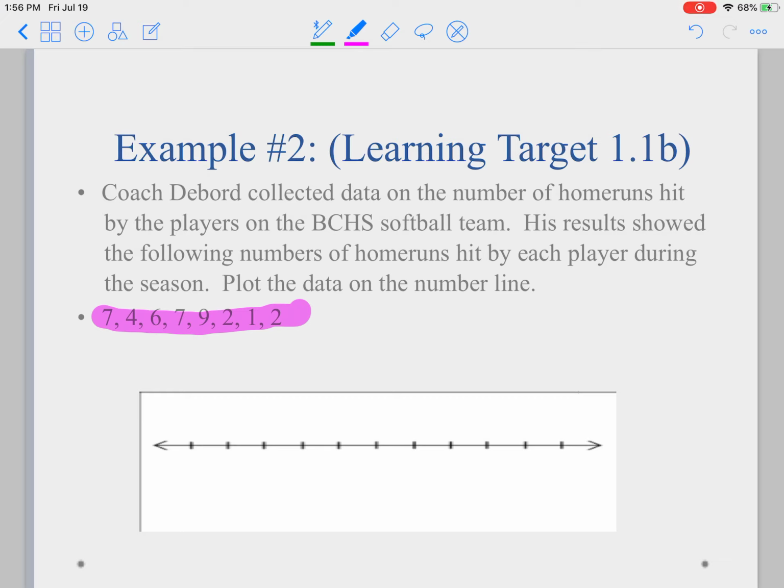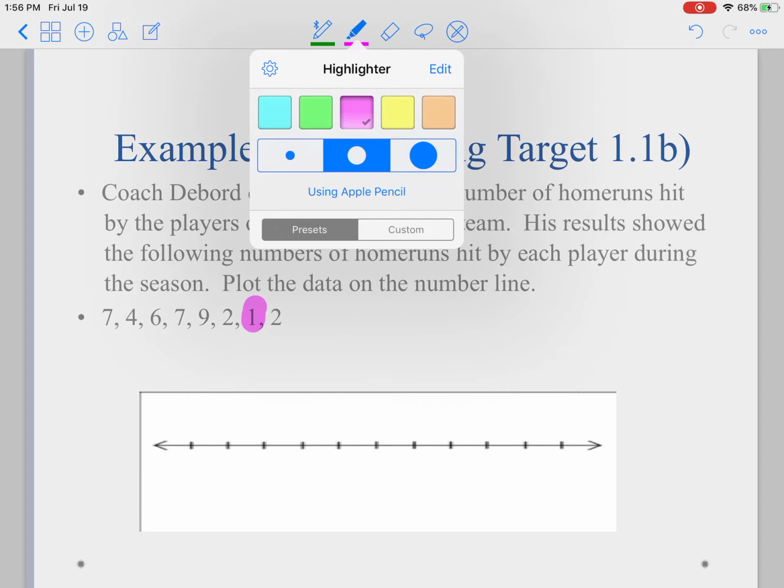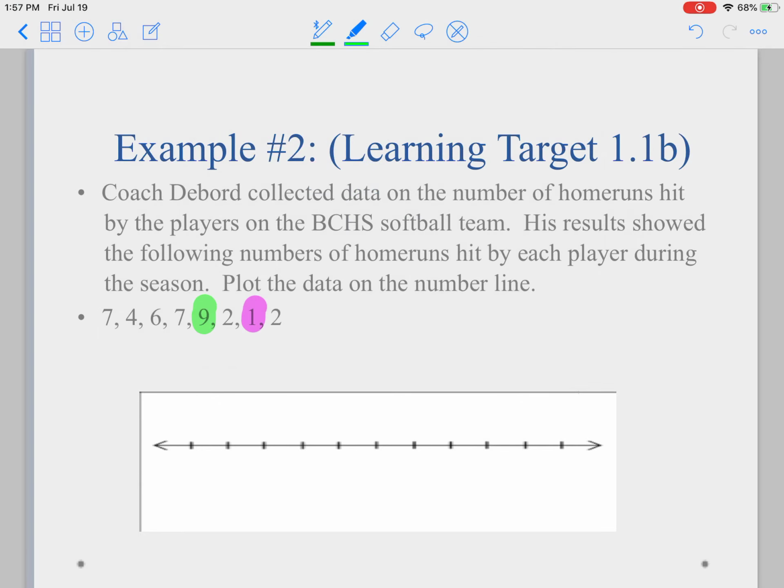And we have to place these somewhere on the given number line. Now, what I tend to do is look at the smallest number because I've got to label this number line. So I look at the smallest and the largest number given in the data set. Well, my smallest number is a 1 and my largest number is a 9.